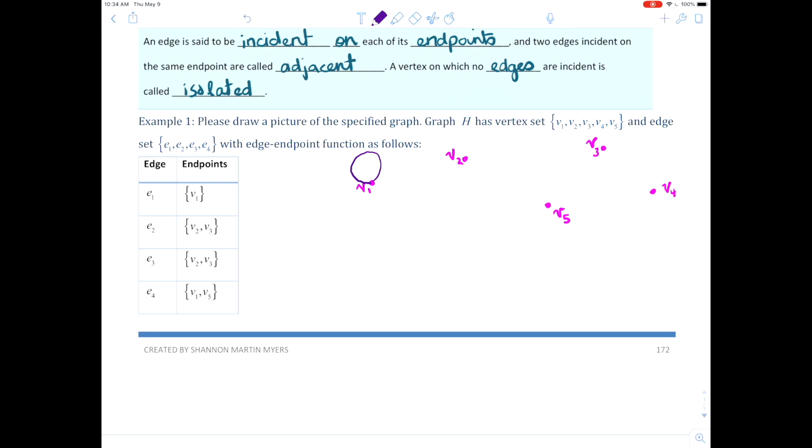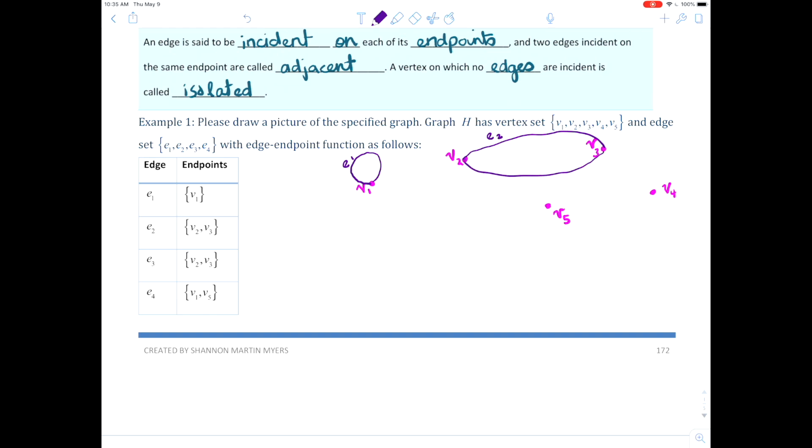If we do something like that, we should name this E2. And then E3 is incident on V2 and V3 as well. So this one here we could call E3.